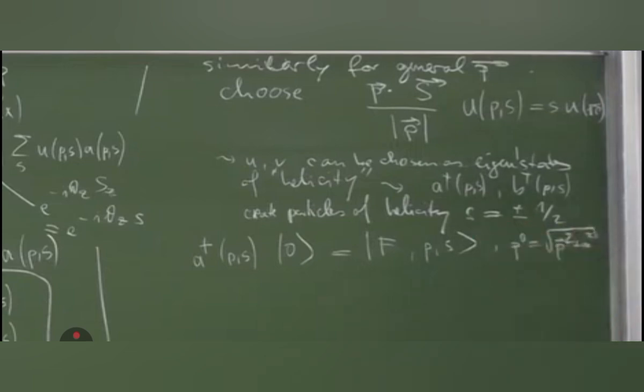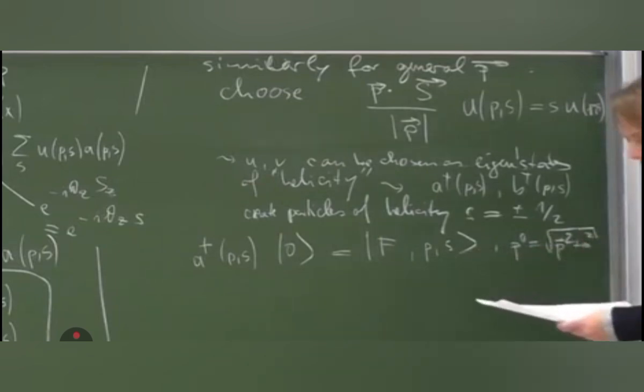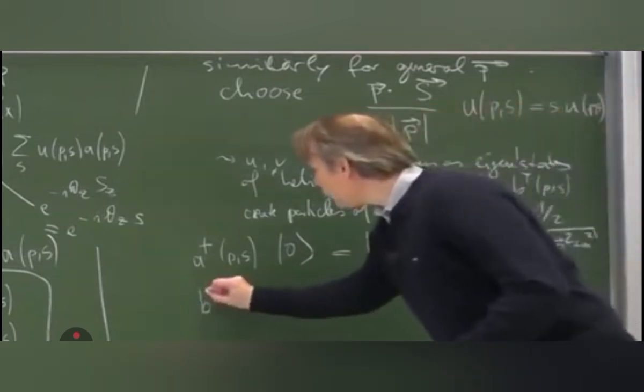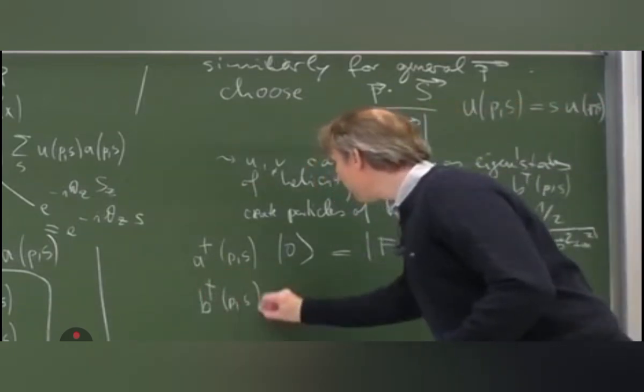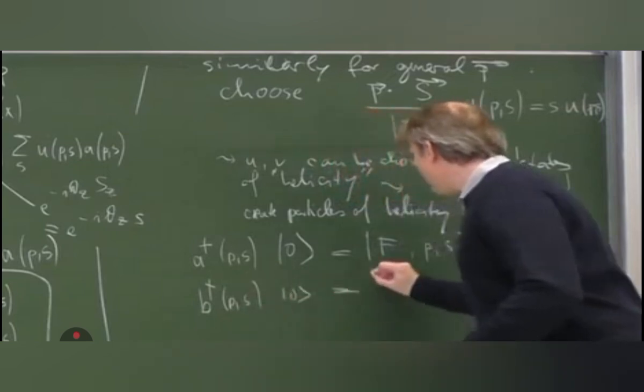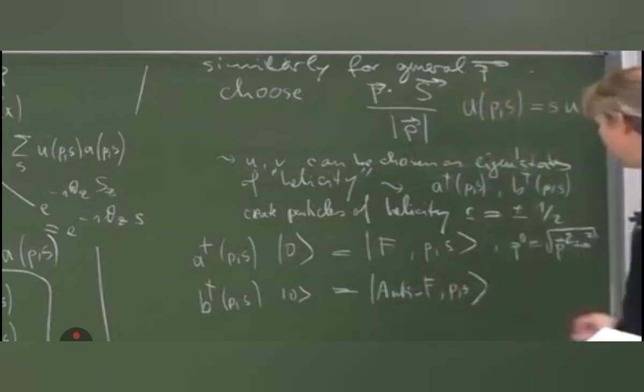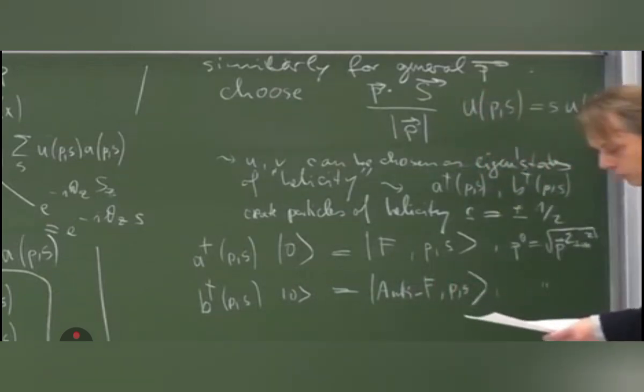So it is a particle with helicity s and energy momentum relation such that the rest mass is m. Similarly, b dagger of p comma s acting on the vacuum gives you an anti-fermion with momentum p and s, the same energy momentum relation, and s in all cases is the helicity.